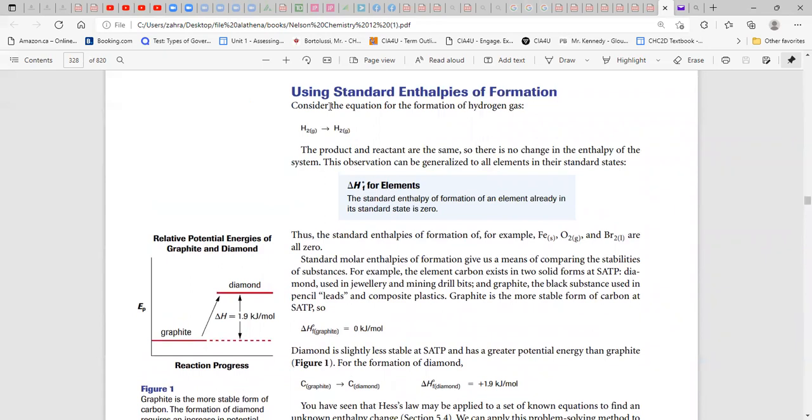Now, using the standard formation, knowing that hydrogen gas going to H2 is kind of nothing. If H2 forms simply from H2, that's why the enthalpy of formation of the pure elements is 0. So the enthalpy of formation of Fe, oxygen, Br2 are all zeros.